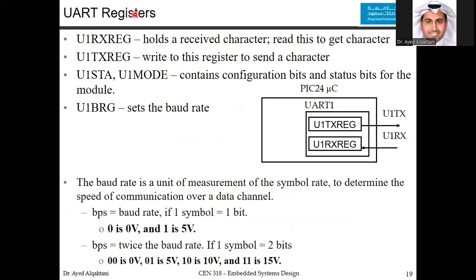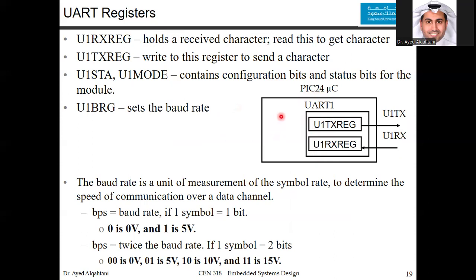So we have UART registers to facilitate the communication. From what we've discussed, we know that the most critical are the receiving and the transmitting hardware. In the transmitting hardware, you have a transmitting register connected to the internal bus of the PIC24.